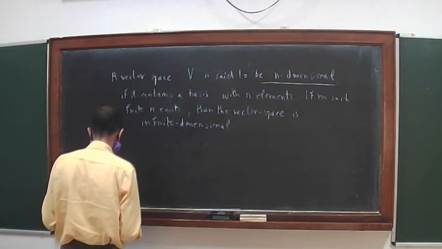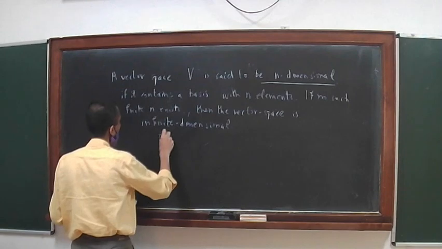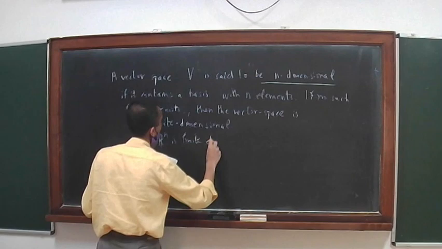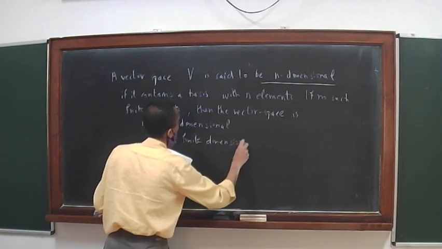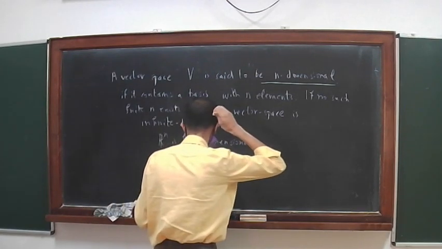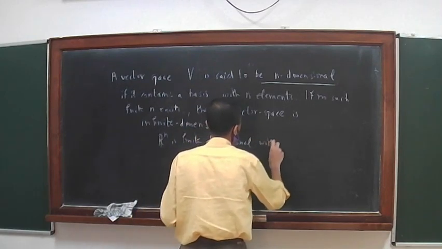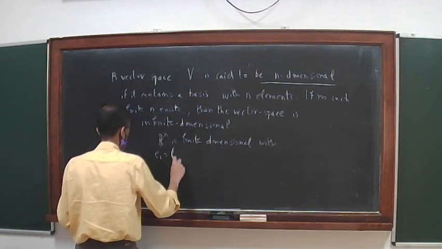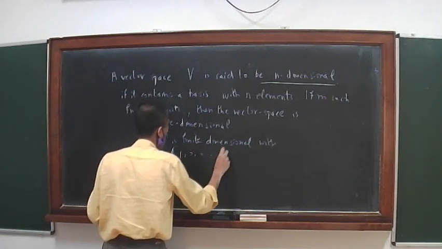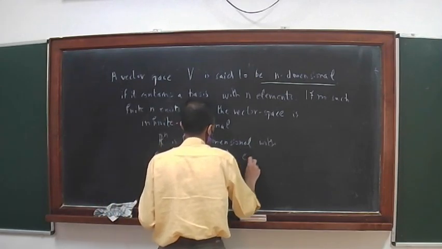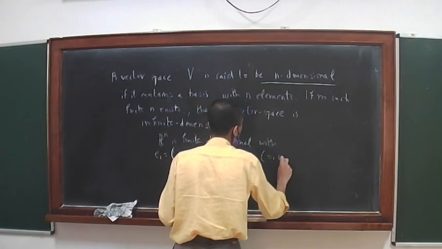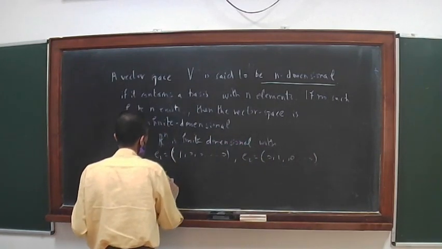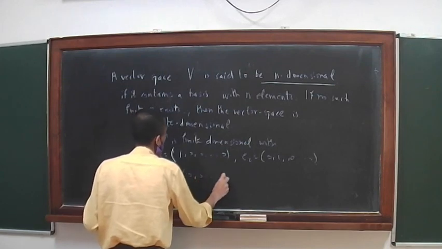As an example, Rn is finite dimensional, with E1 equal to (1, 0, 0, ..., 0), E2 equal to (0, 1, 0, 0, ..., 0), and so on, and similarly up to En equal to (0, 0, ..., 1).